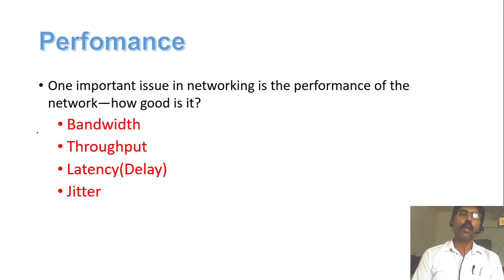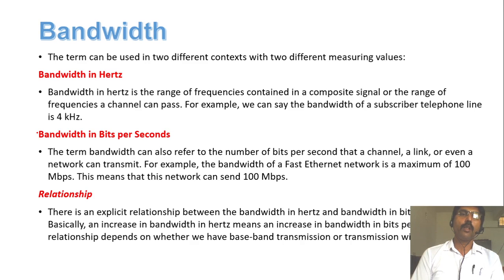The first one we are learning here is called bandwidth. Bandwidth can be explained in two different contexts. Two different measures for bandwidth are bandwidth in hertz and bandwidth in bits per second.